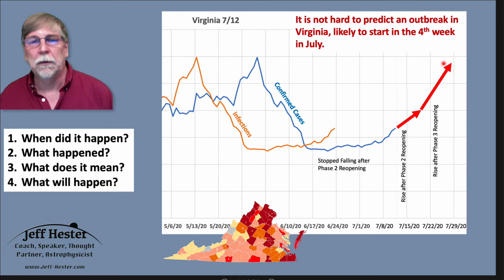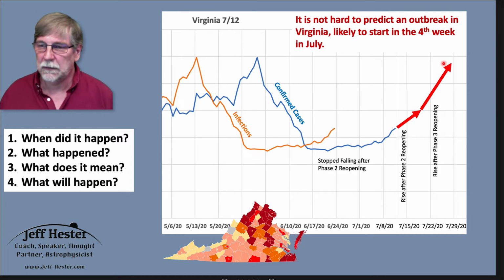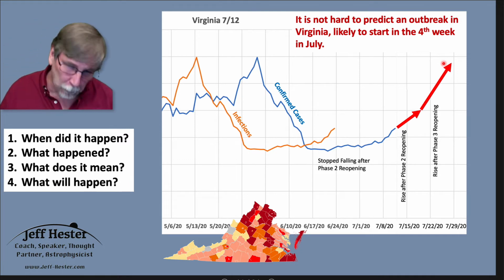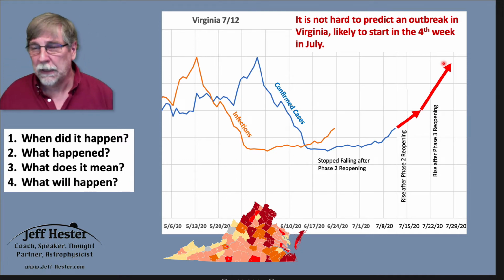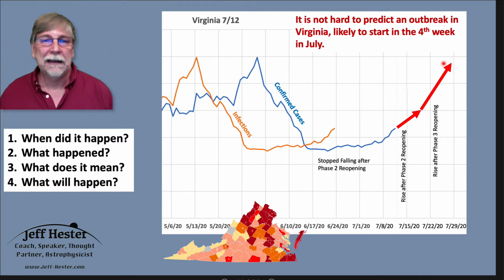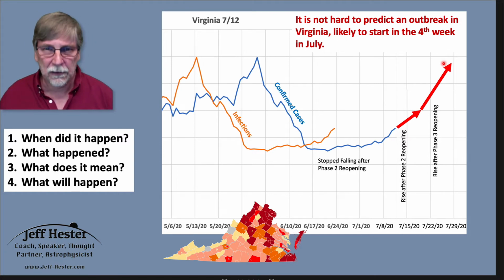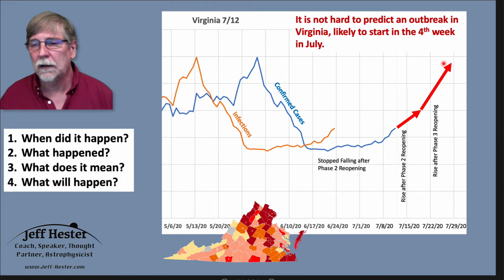Virginia is going to see an outbreak, hopefully not as bad as the outbreaks we saw in Arizona and Texas and Florida and California. But there will be an outbreak, and it will be caused by exactly the same thing: people getting too far out over their skis, acting without really understanding what's going on.